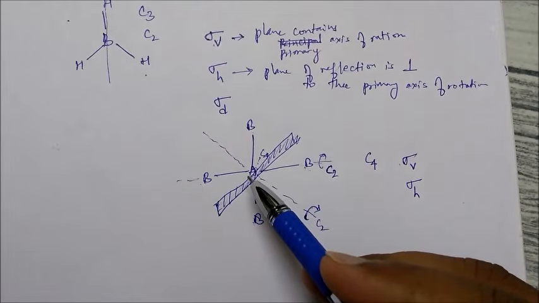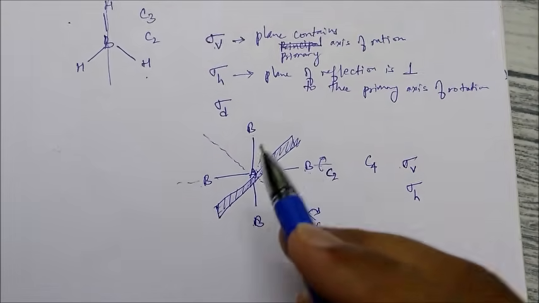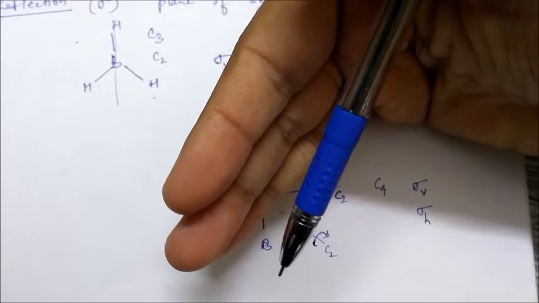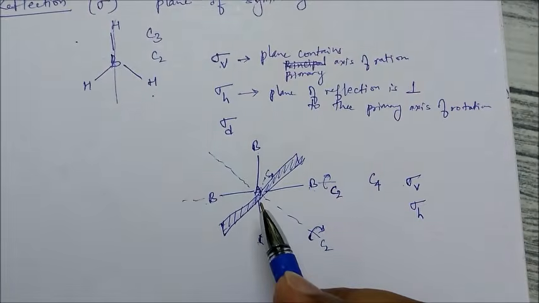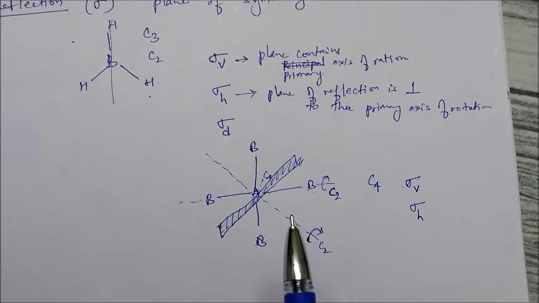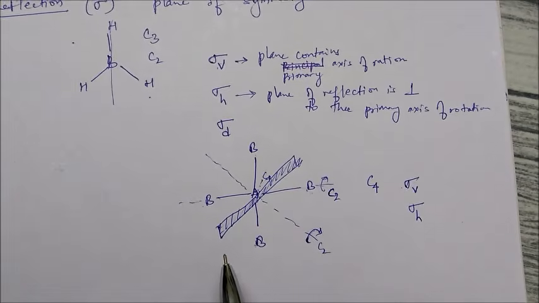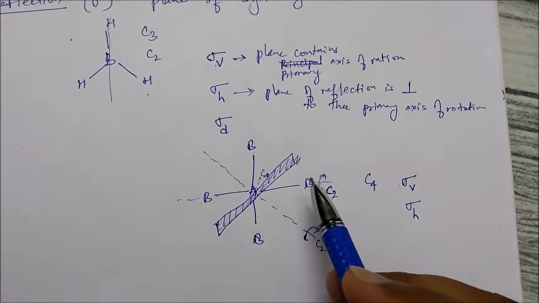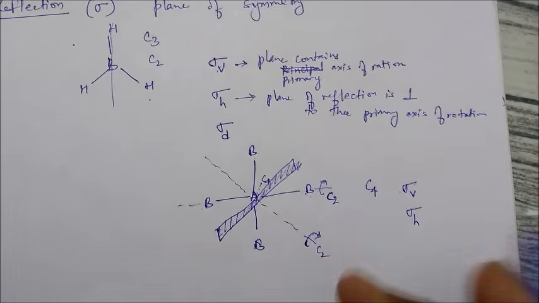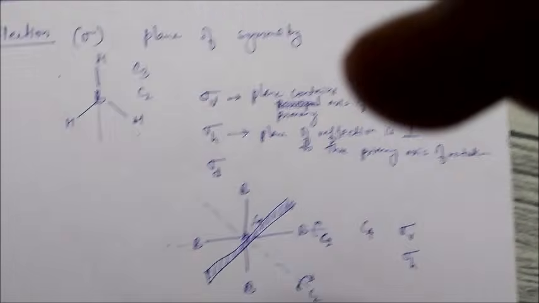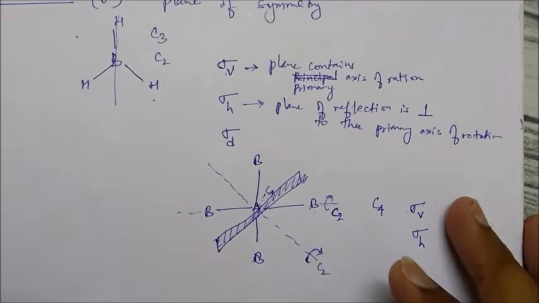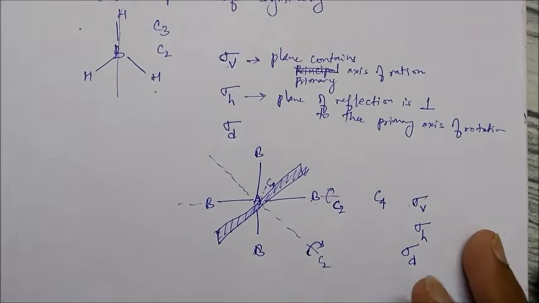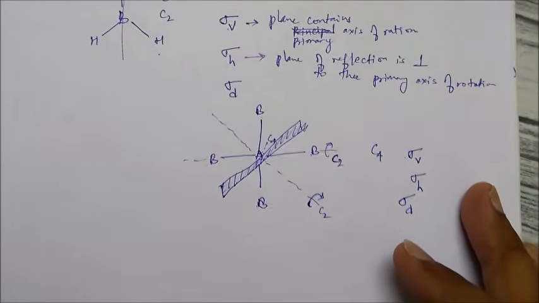This plane also contains the principal axis, and it bisects the angles formed by adjacent C2 axes. This is a C2 axis and this is a C2 axis, so it bisects the angle formed between them. That's why it is called sigma d. So this is the dihedral plane.